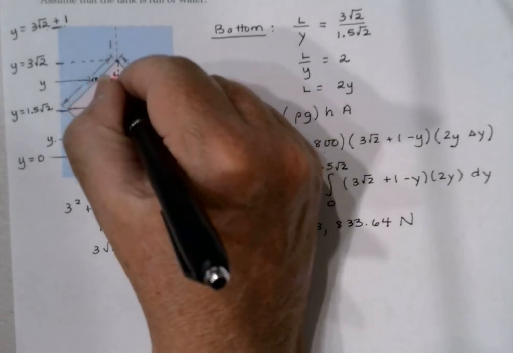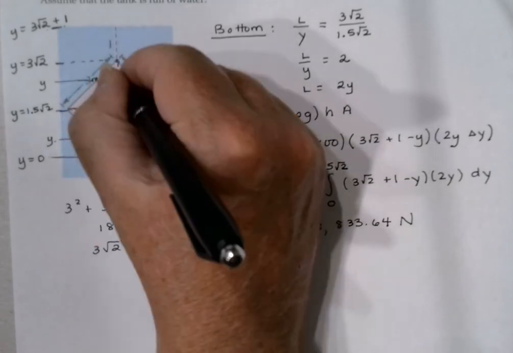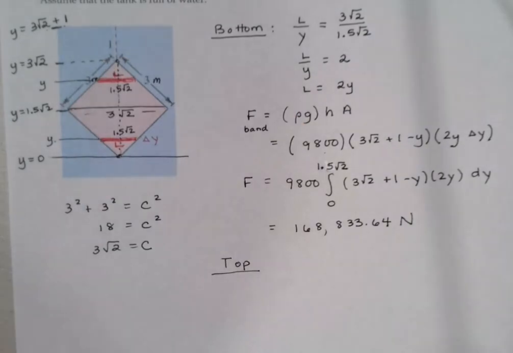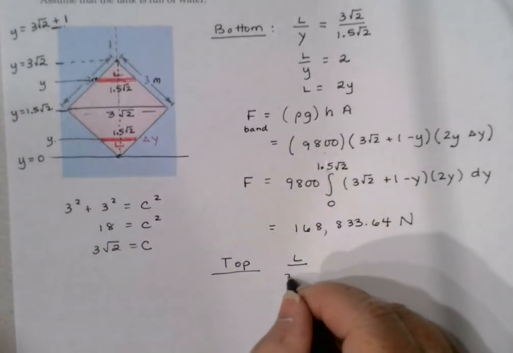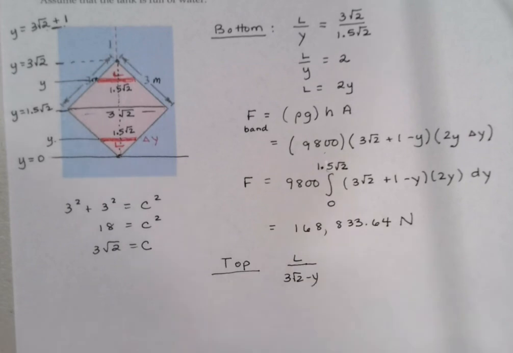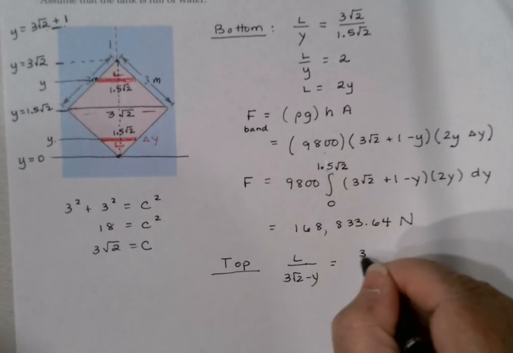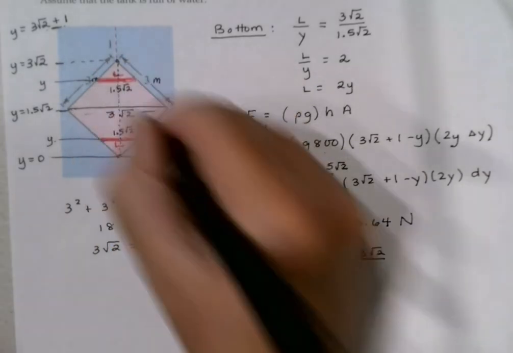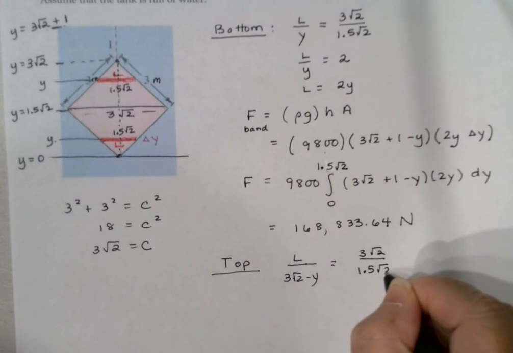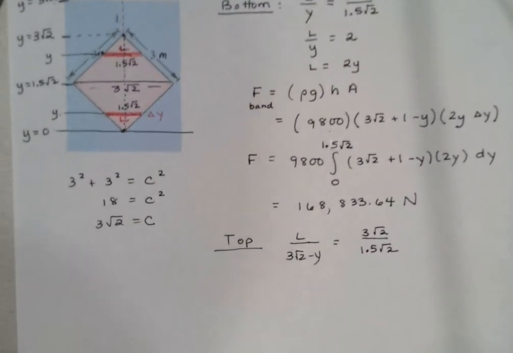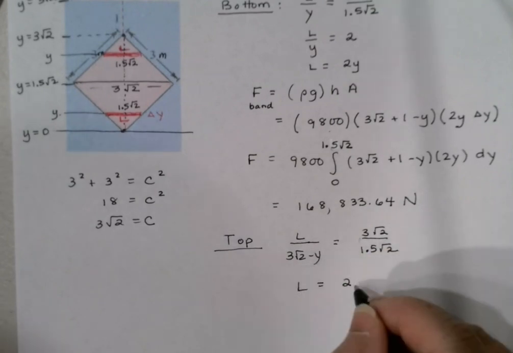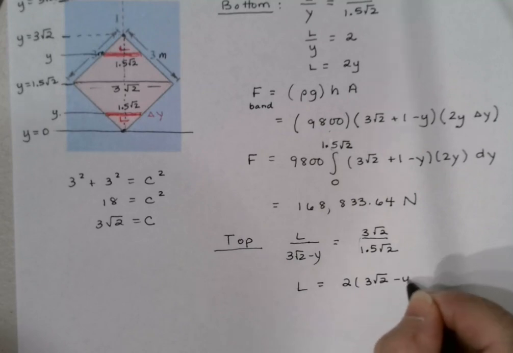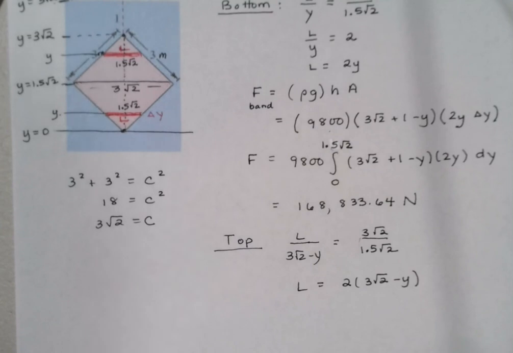So L over 3 square root 2 minus y would equal 3 square root 2 over 1.5 square root 2, just comparing base to height and base to height. That simplifies to 2 again, and if I multiply this over, L would be 2 times 3 square root 2 minus y.